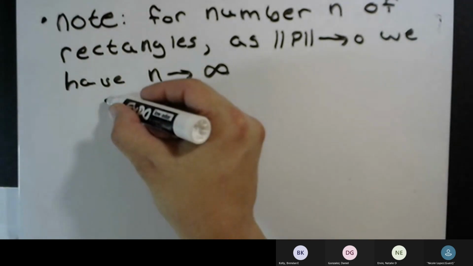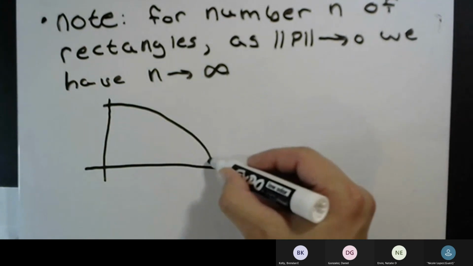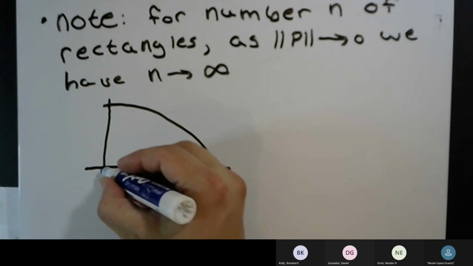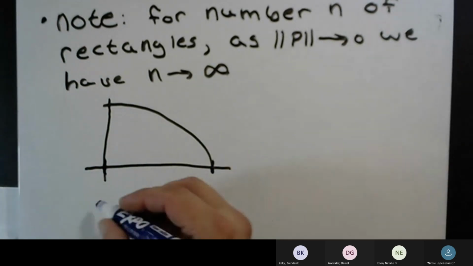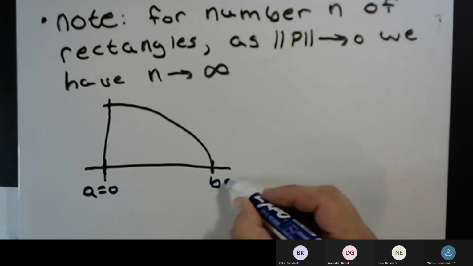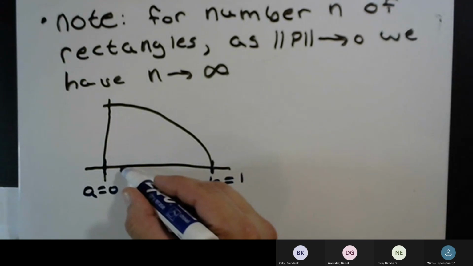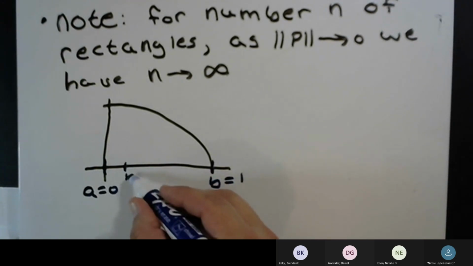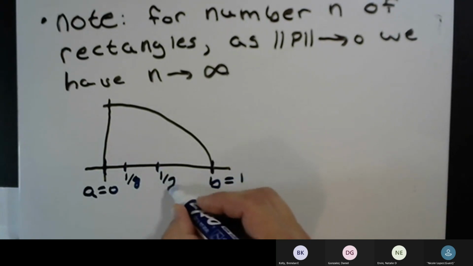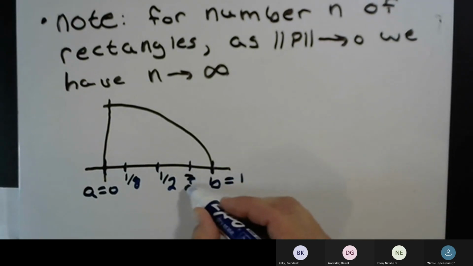So to illustrate this, I know it's been a little bit since we've talked about partitions. So here's, say, A equals 0, B equals 1. And let's take a partition, say, let's take 1/8, 1/2, and let's go 7/8.